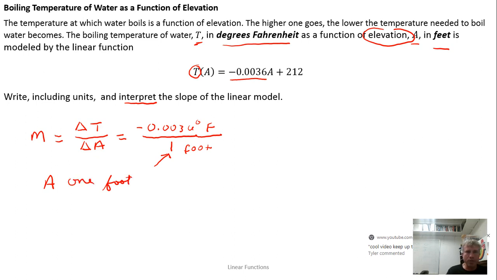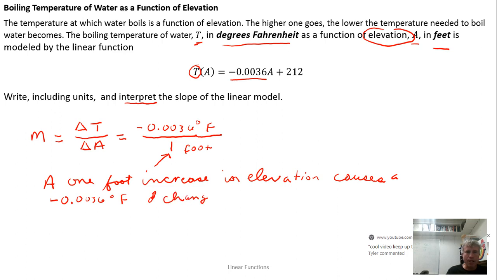A 1 foot increase in elevation causes the change in the input, causes the change in the output, causes a negative 0.0036 degree Fahrenheit change in the boiling temperature of water.